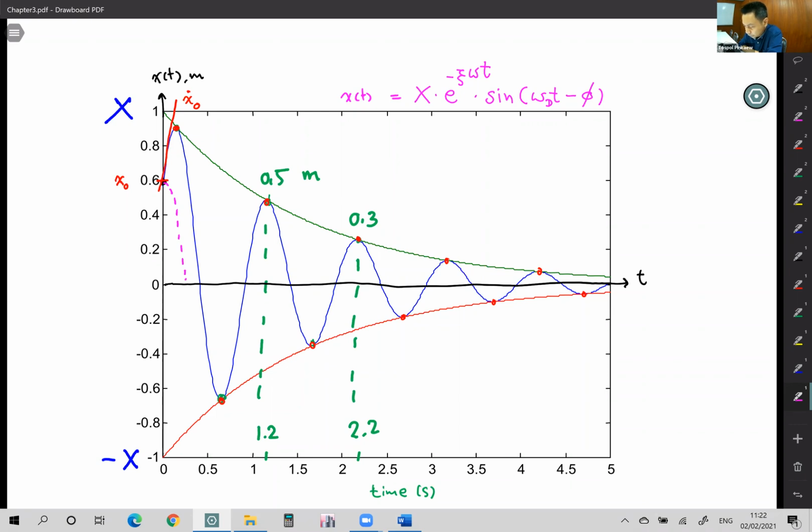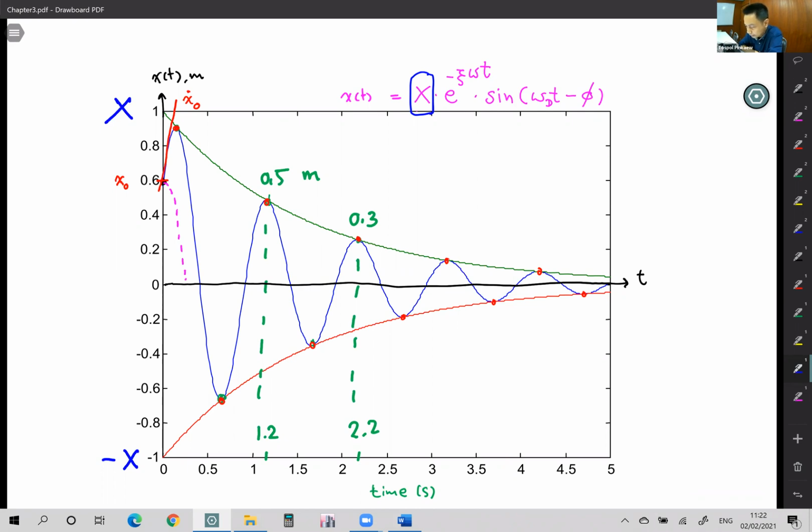Let me look at the terms in this function term by term. Let me first look at the big X. The big X, let me use the blue color. The big X will control something.